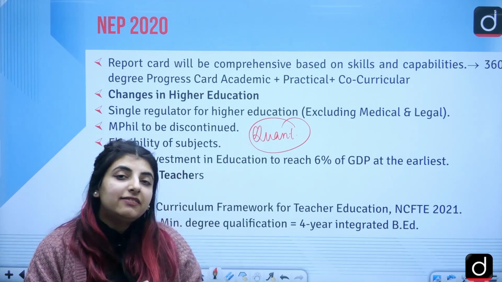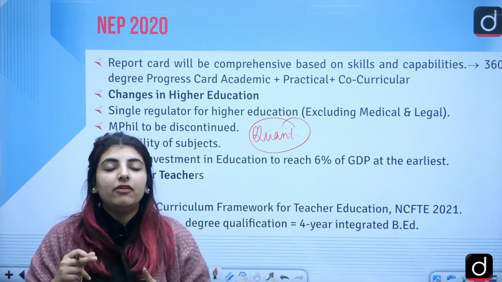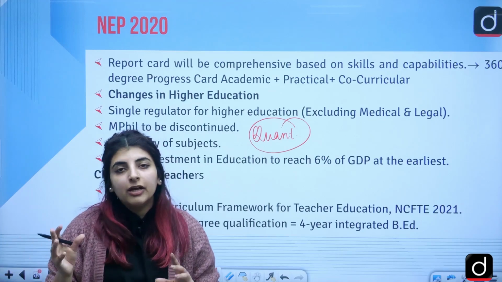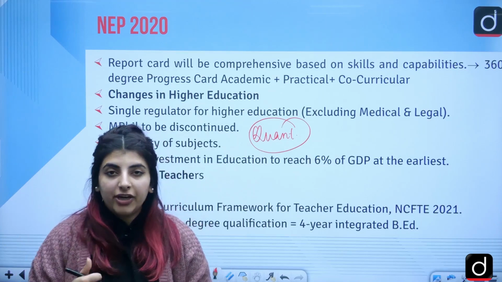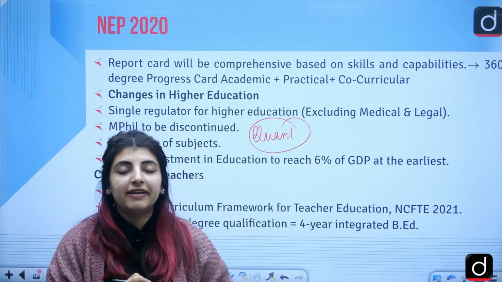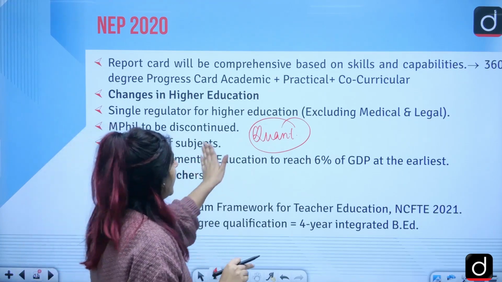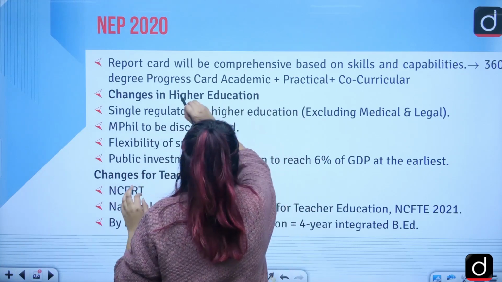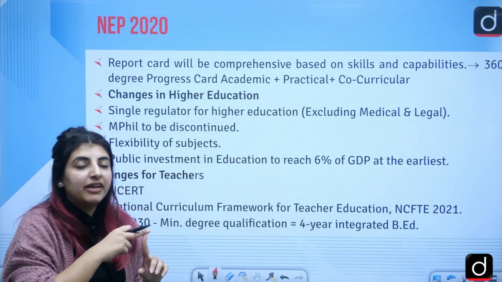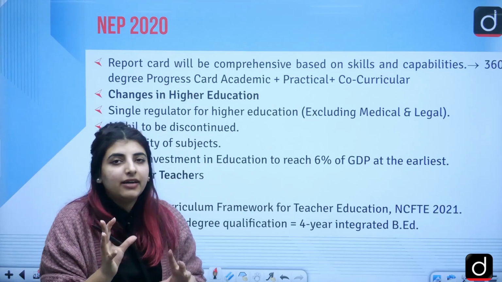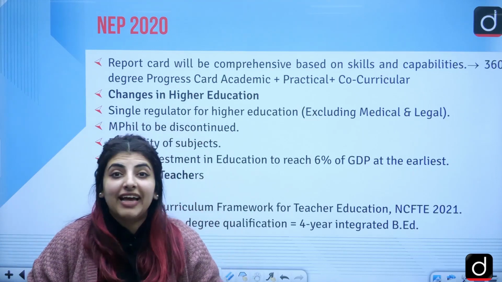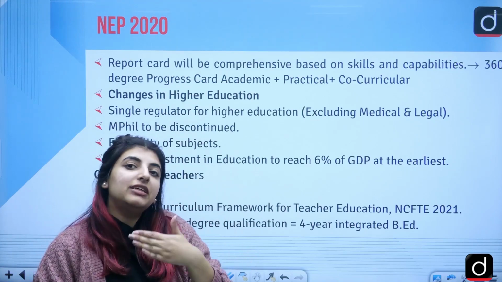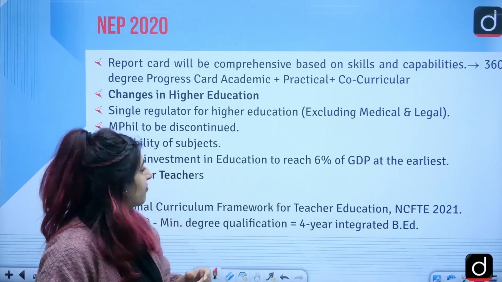So NEP 2020 focuses on quality education. If we are talking about education, the physical and mental development also takes place. Hence, the report card should not be comprehensive only on the basis of the numerical part, that is, how much a student has scored in a test and an exam. It should also talk about the skills that a particular student has.